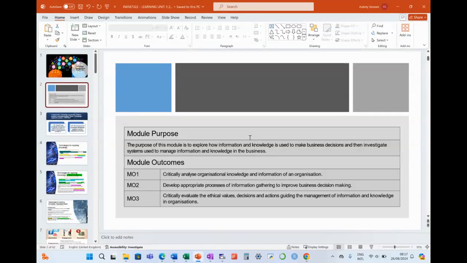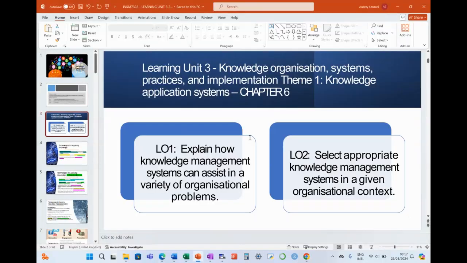So, moving right along. Learning Unit 3, knowledge organization, systems, practices, and implementation, theme 1, knowledge application systems. You'll realize that it will seem like there's a lot of repetition in this module, because we did speak about knowledge management application systems.